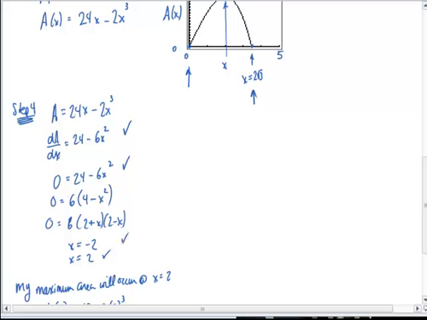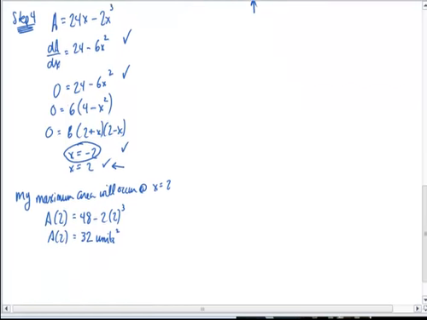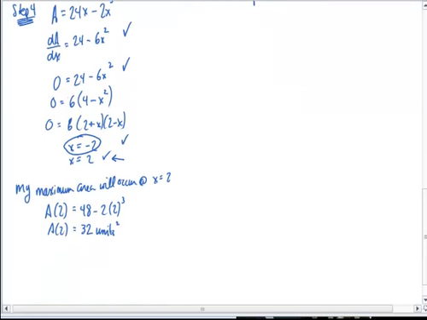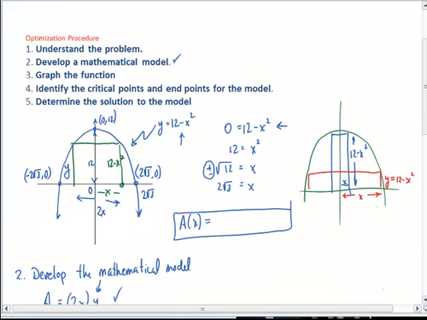One critical point is outside of our interval, and the other critical point is in the interval, and that's the value that we want to find the area at, because that's where we're going to get our maximum. And make sure you plug that critical point back into the area equation to find that our maximum area is 32 square units.